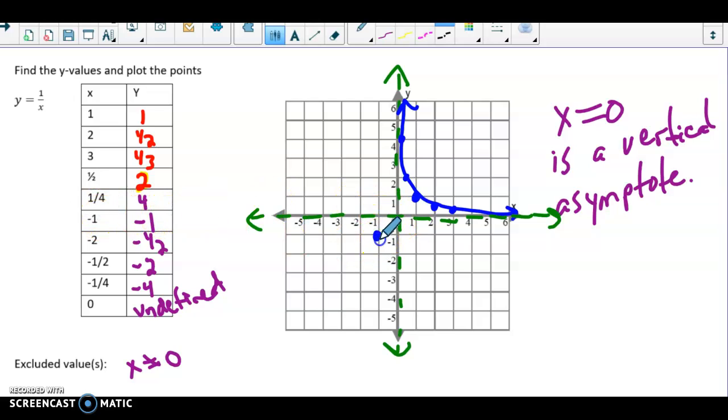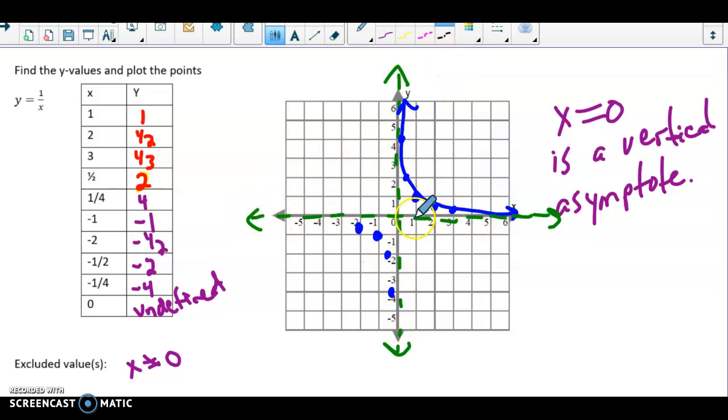Negative 1 gives me negative 1. Negative 2 gives me negative 1/2. Negative 1/2, that's right here, gives me negative 2. Negative 1/4 gives me negative 4. Do you see what's happening on this side?